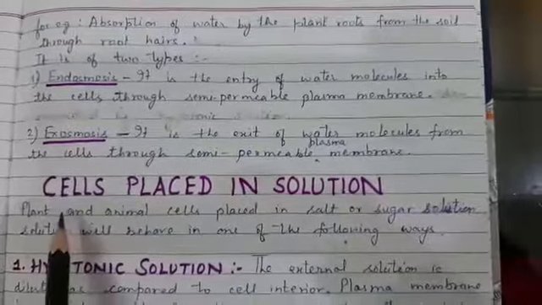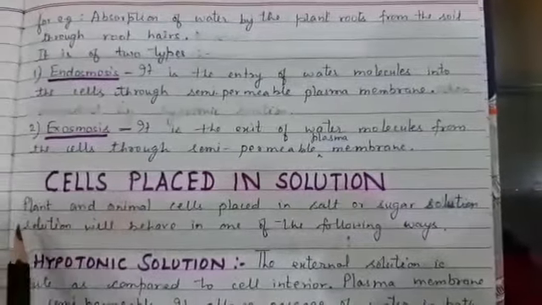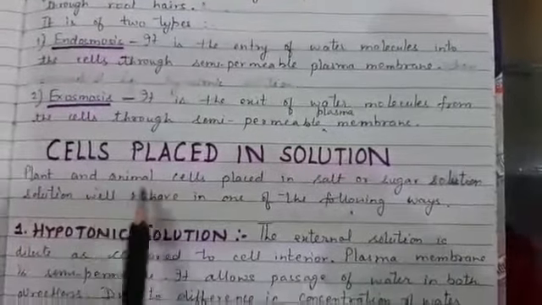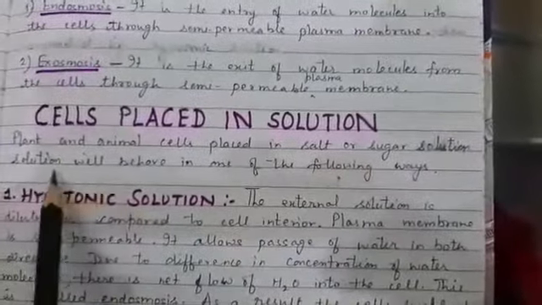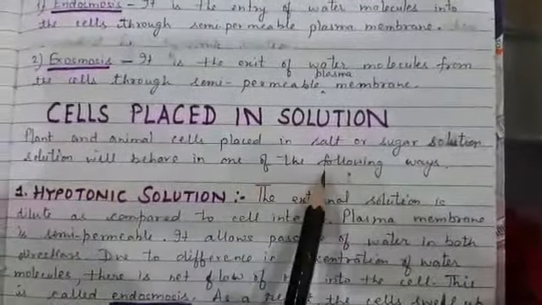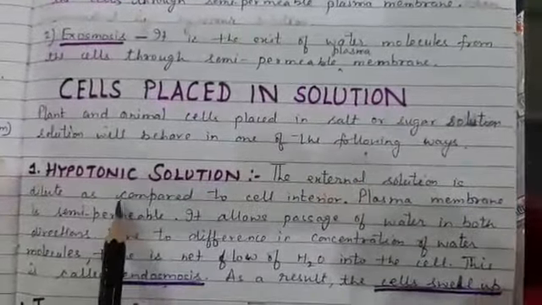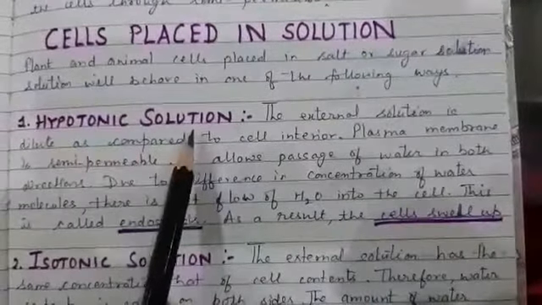Now, the next topic we will discuss, cell placed in solution. In this case, we will discuss what happens when we keep plant and animal cells in salt or sugar solution. The solution will behave in one of the following ways. Now we will discuss the three types of solution. First is the hypotonic solution.